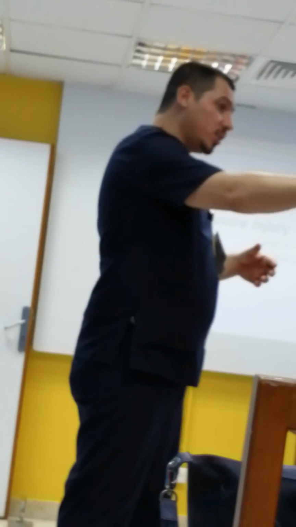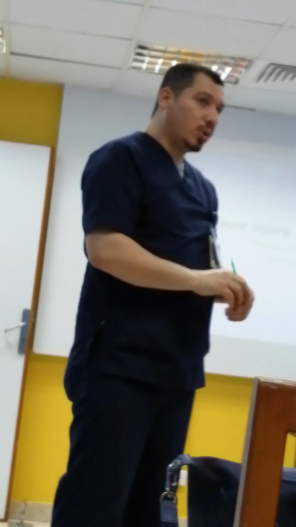Most important, you have to know how to differentiate between the stages. All the protocols, all the standing orders are already in the wound assessment. We only need to read and follow the instructions mentioned on this form. Okay.